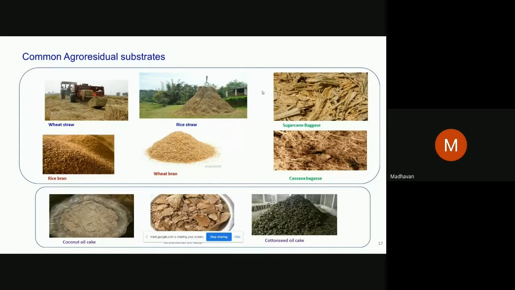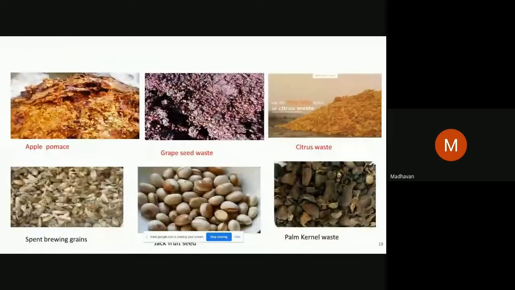And all the oil cakes, you can see coconut oil cake, cotton seed oil cake. Only a small percentage is going for feed purposes. Otherwise a huge amount is going unutilized. It has been there for a long time, utilizing these agro residues for value addition.